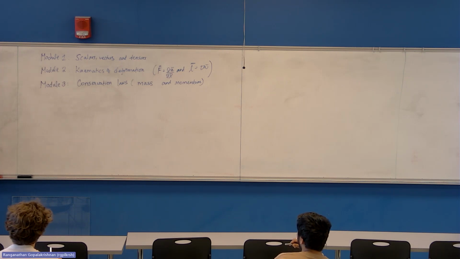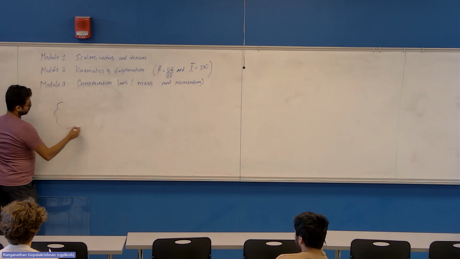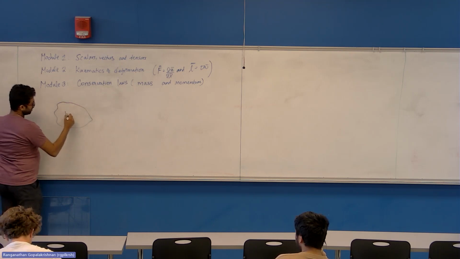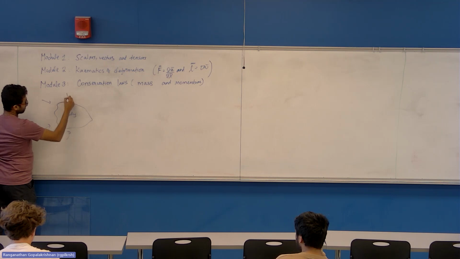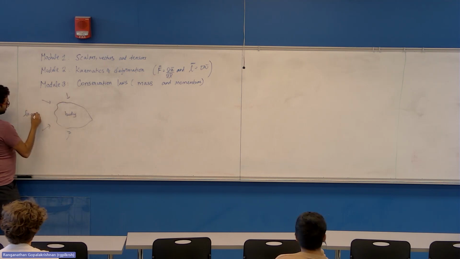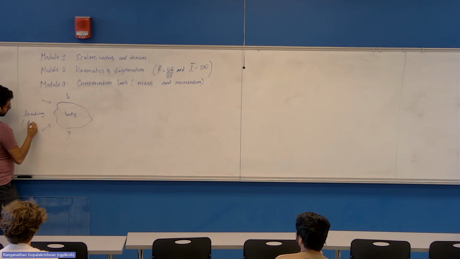What is deformation? The body is subjected to some kind of loading. So you have a body which is subjected to arbitrary loading. So you say loading, which is basically specifying forces and torques.